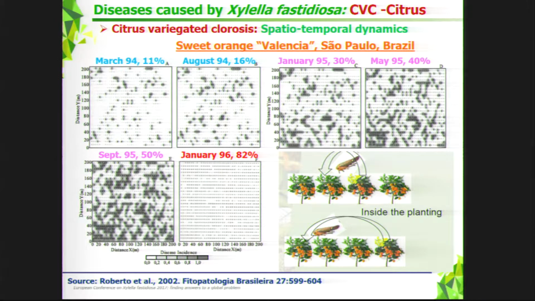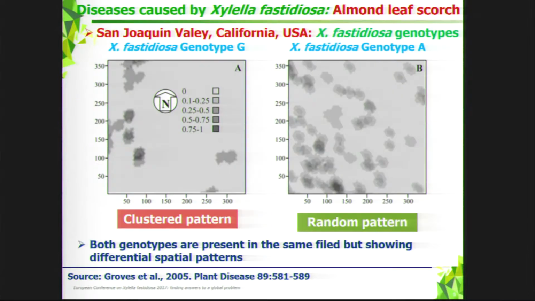They concluded that the contribution to new foci in a given field was due to infection inside the plot by the different vectors. It has also been addressed for Pierce's disease-like leaf scorch in the US, in California, and they found very interesting results: depending on the genotype of the bacteria, you can have a cluster pattern or a random pattern.